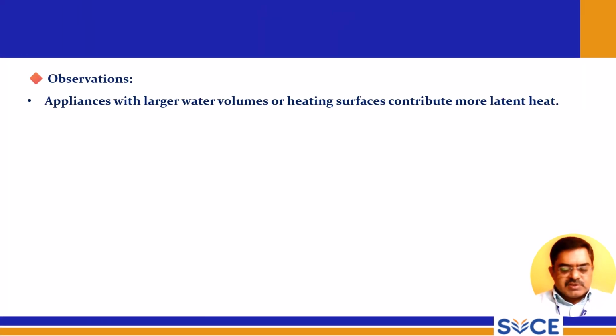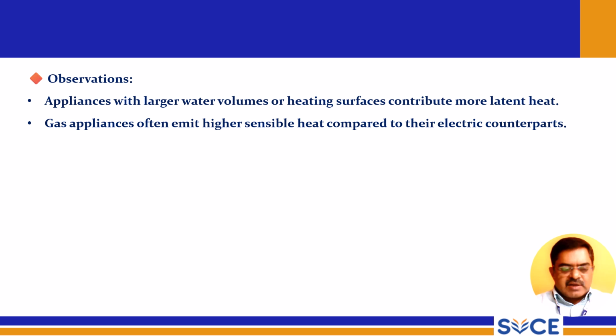Observations from this: appliances with larger water volumes or heating surfaces contribute more latent heat, that is more moisture. Gas appliances often emit higher sensible heat compared to their electric counterparts.